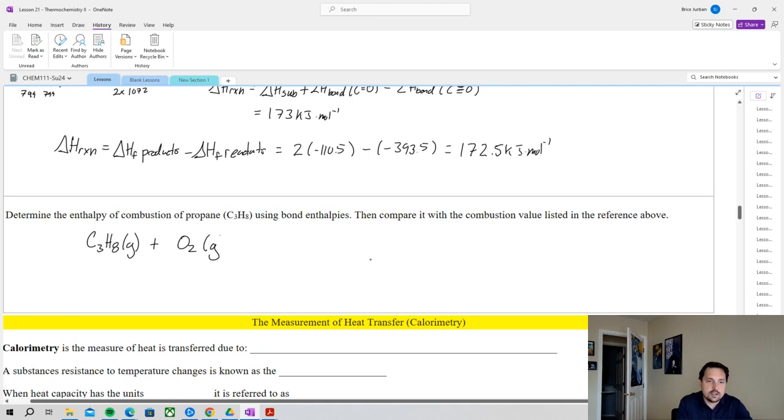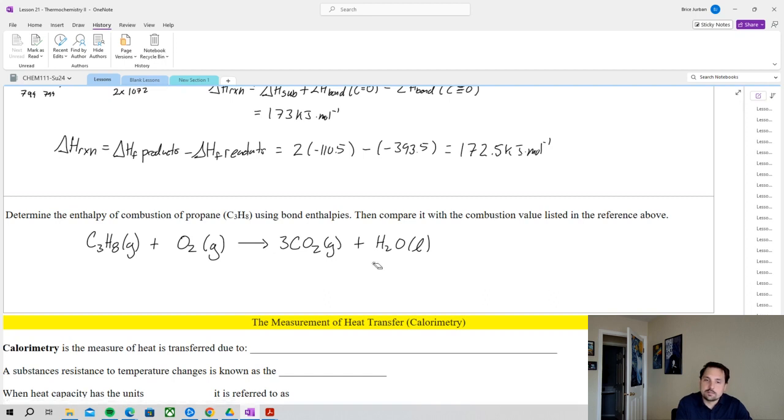Oxygen is gas, obviously. We're going to have carbon dioxide, and we're going to get water, and we're going to use water vapor here. We have 3 CO2s.